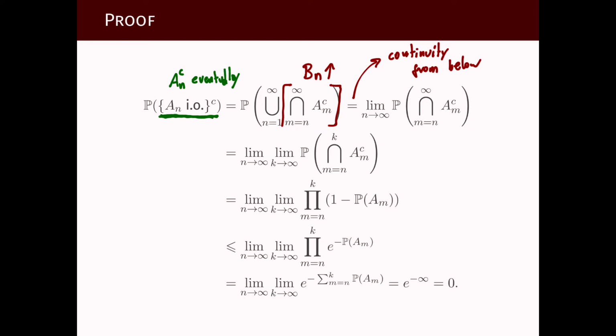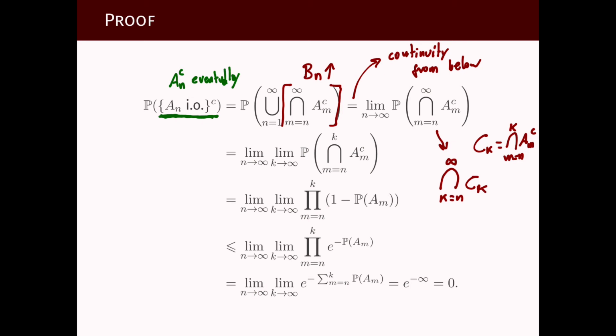But now we can consider the following. If instead of going up to infinity here, we take this intersection only up to some number k, we can write this as the intersection over k of C_{n,k}, with k going from n to infinity, if we denote C_{n,k} to be the intersection where m goes from n to k of A_m complement.